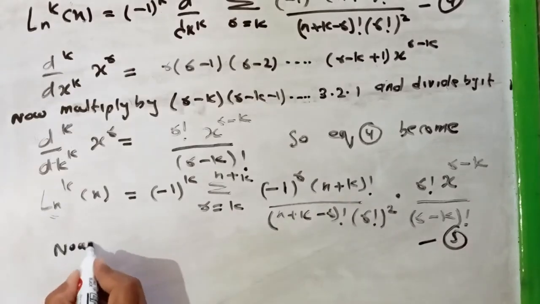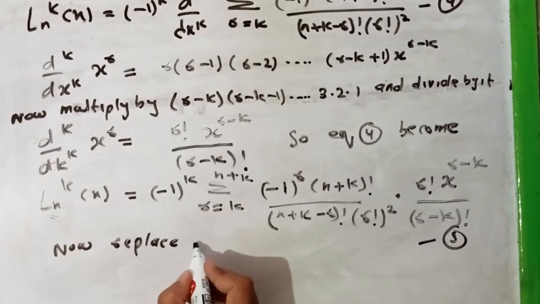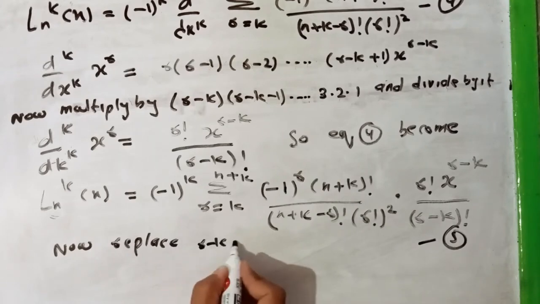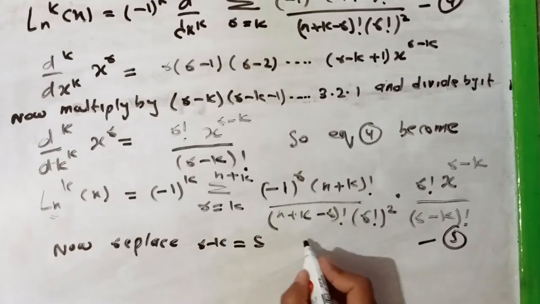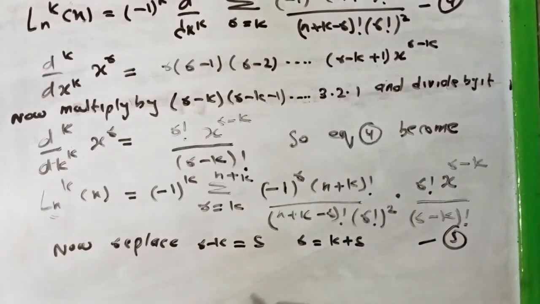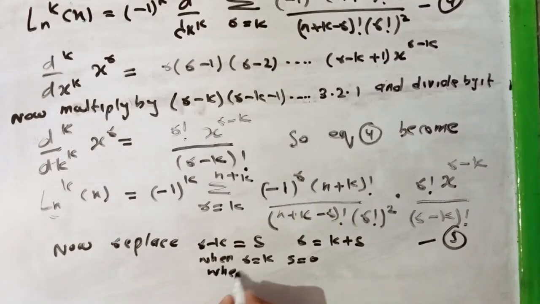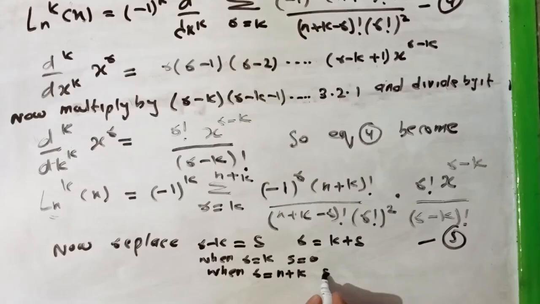Now replace r minus k is equal to s and r is equal to k plus s. When r is equal to k, s is equal to 0. When r is equal to n plus k, s is equal to n.